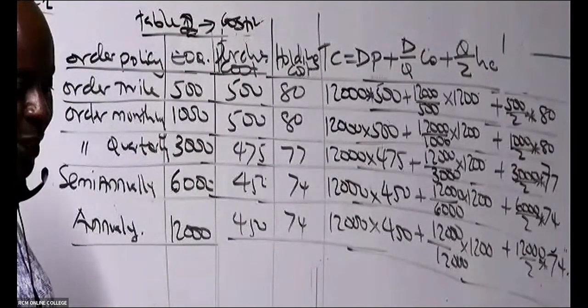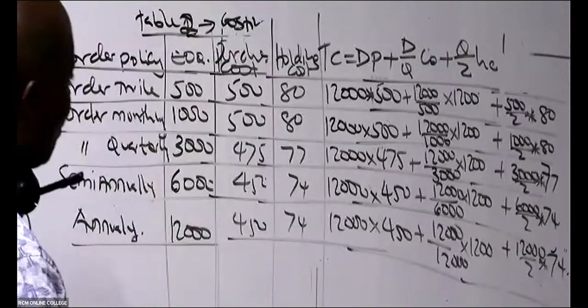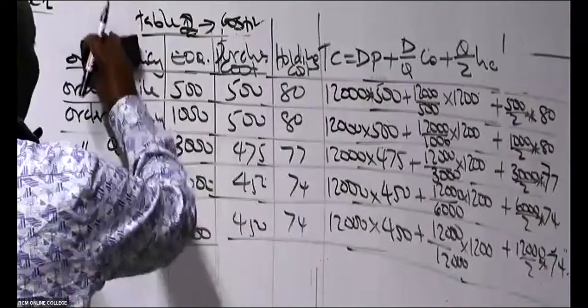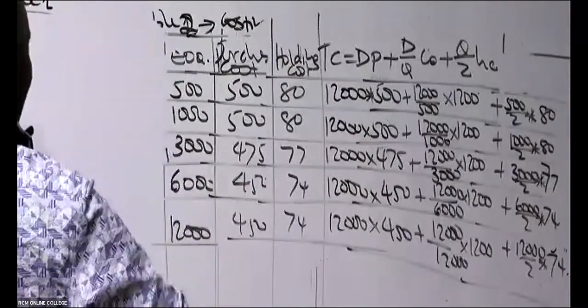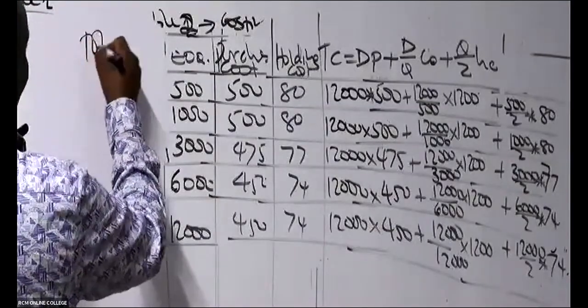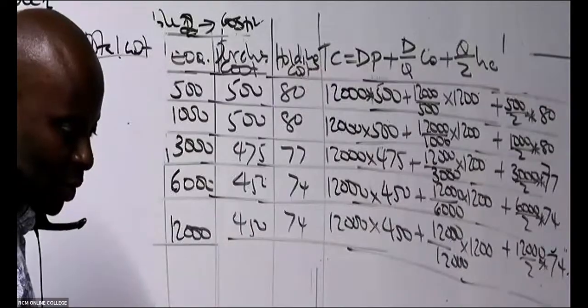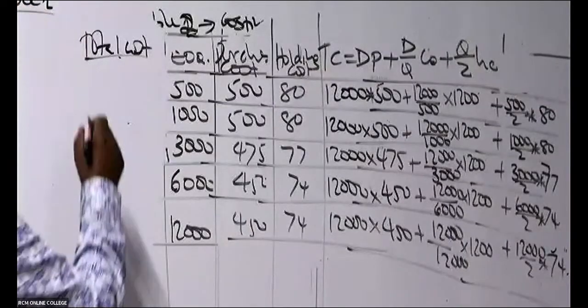So according to Bahati, the first one is supposed to be 60,48,800. Allow me to write here. Total cost.